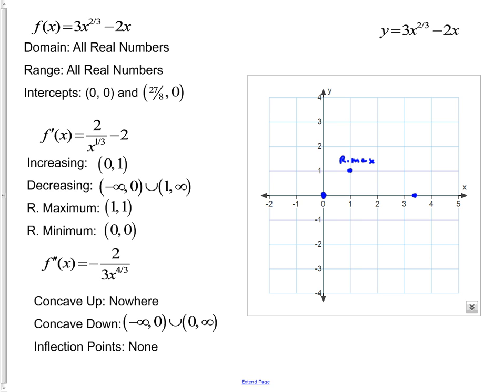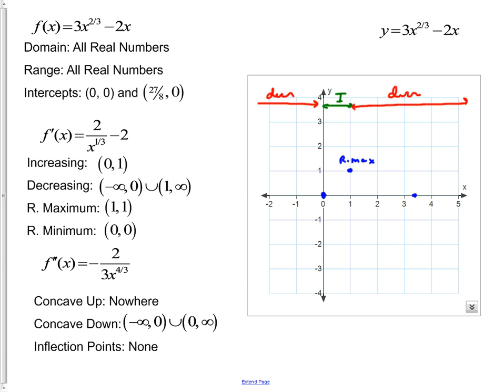What's more, we said that this function was going to be decreasing on the interval from negative infinity to 0. It's going to be increasing on this small interval between 0 and 1. And it's going to be decreasing again on this interval from 1 off to infinity. So decreasing again.